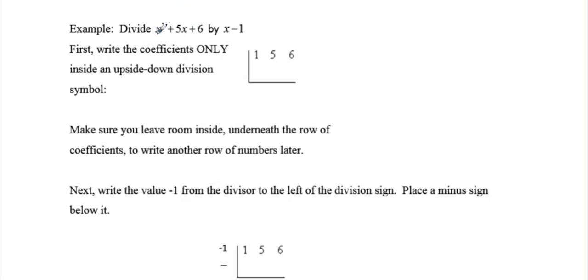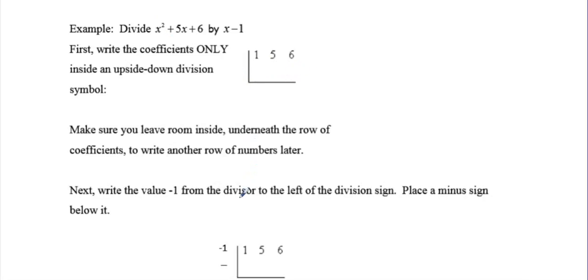Then we take the coefficients of each of the terms and write them here. And then we do this little upside down division symbol. Usually we're going the other way, but this time we're going this way, and we're leaving a little room because we're putting numbers here.